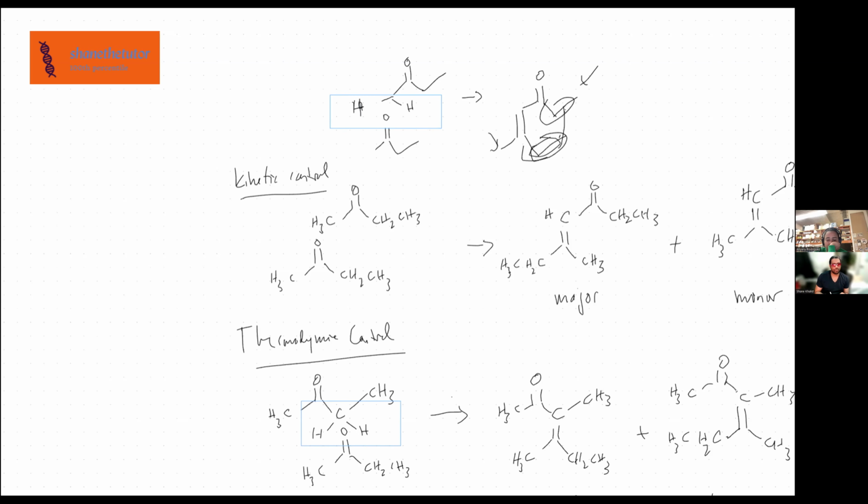What we want to see is, if we have an asymmetric ketone like we do here, if the major product has a small amount of steric hindrance, that will be the kinetic control or the kinetic product.